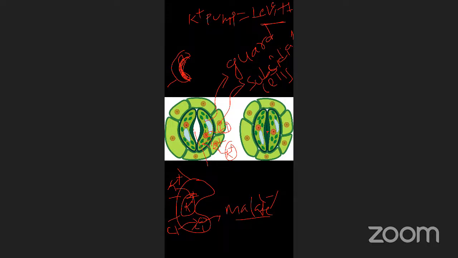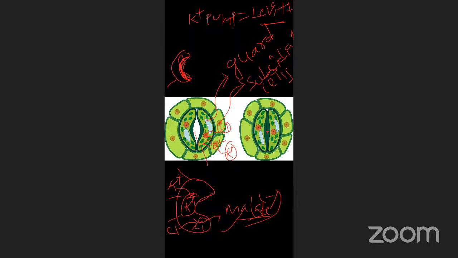Here, is the Cl minus negativity or positivity inside the guard cell? How many K plus are in the guard cell? Only one. And Cl minus? Also one, right? What about malate? Also one, sir. So the malate anions are already accumulated inside the guard cell during daytime.